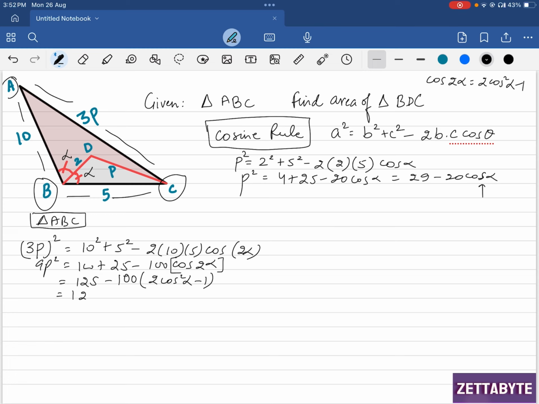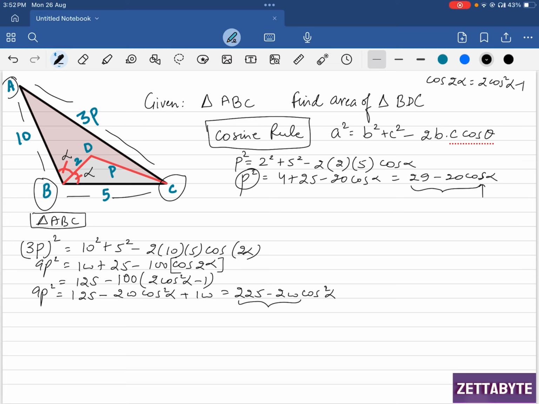So 125 minus 200 cos square alpha plus 100, which is going to be 225 minus 200 cos square alpha, equal to 9p square. We are now more comfortable because p square is equal to this one and 9p square is equal to this part.